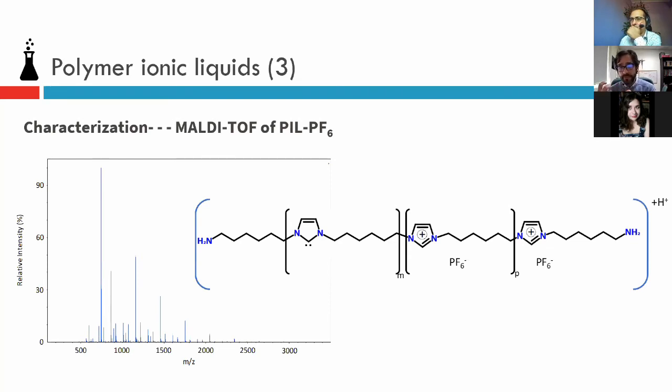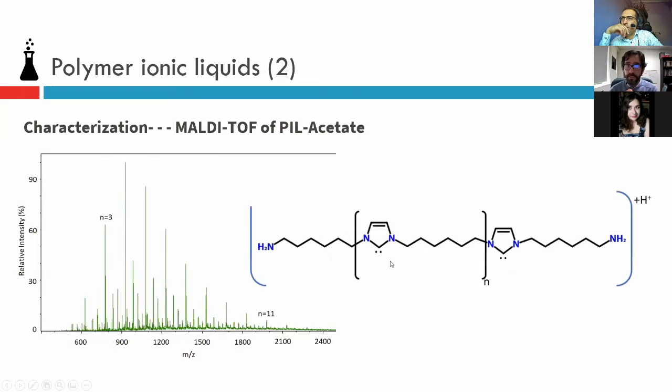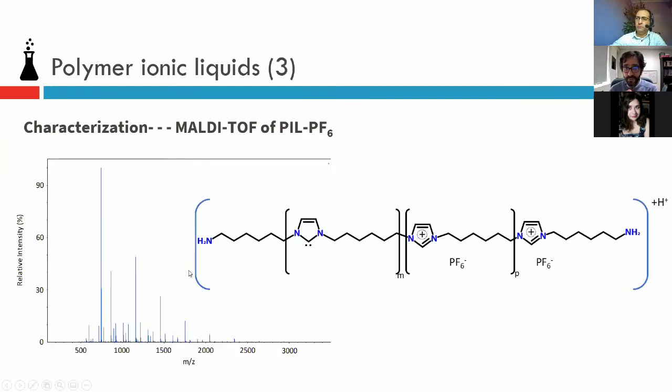And then if you take this polymeric ionic liquid in the hexafluorophosphate form and analyze it by MALDI as well, you can observe this spectrum, and these are the ions that we are observing in the gaseous phase, which are different to this one. In fact, the spectrum is different as well.